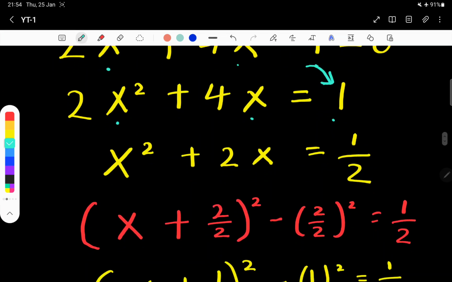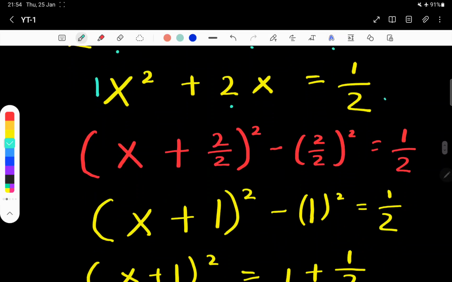Then next, you need to make sure that the coefficient for the x squared is equal to 1. How can you do it? You can do it by dividing by 2. That's why 2x squared becomes x squared, and then 4x will become 2x, and then 1 becomes 1 over 2.